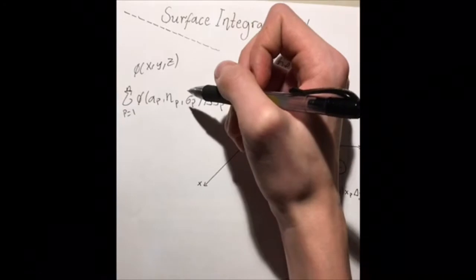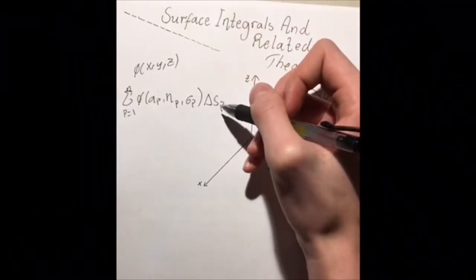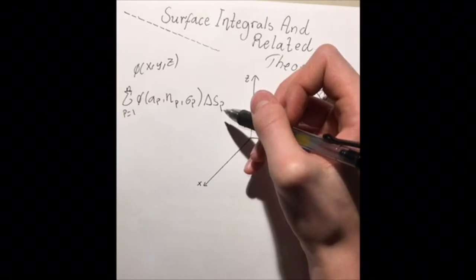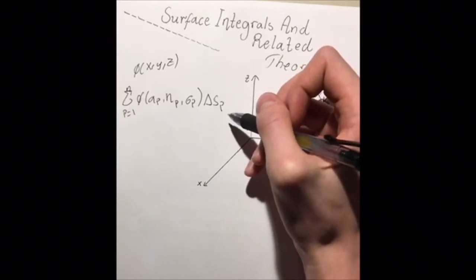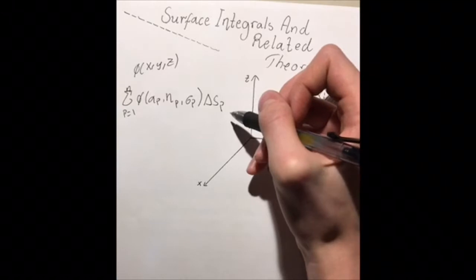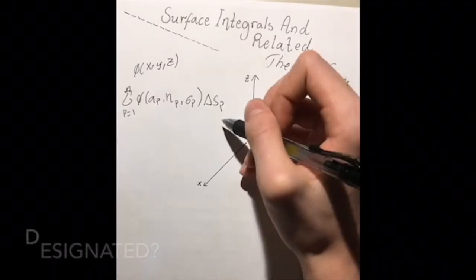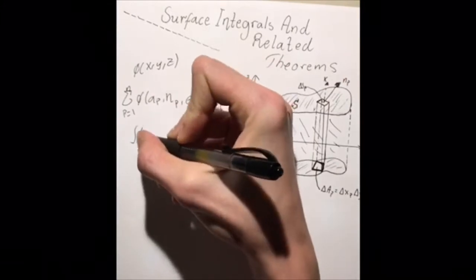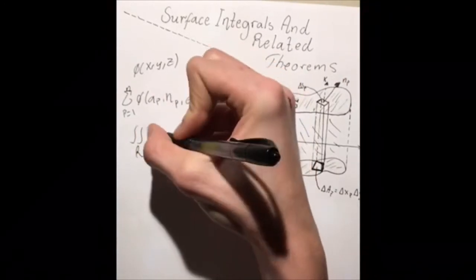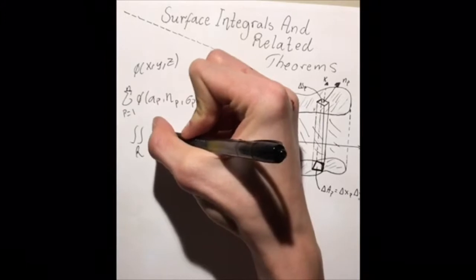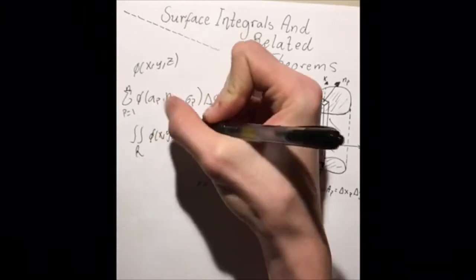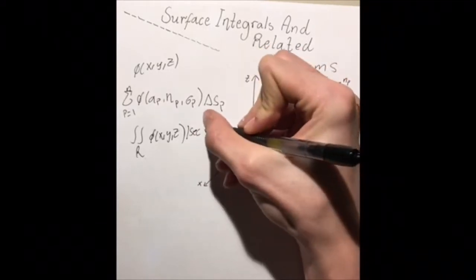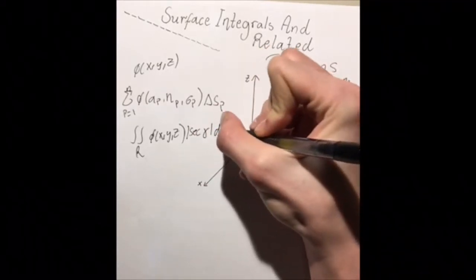If the limit of this sum as n goes to infinity in such a way that each delta S_p goes to 0 exists, the resulting limit is called the surface integral of phi of x, y, and z over S, and is designated by the double integral over R of phi of x, y, and z times the length of sec of gamma dA.